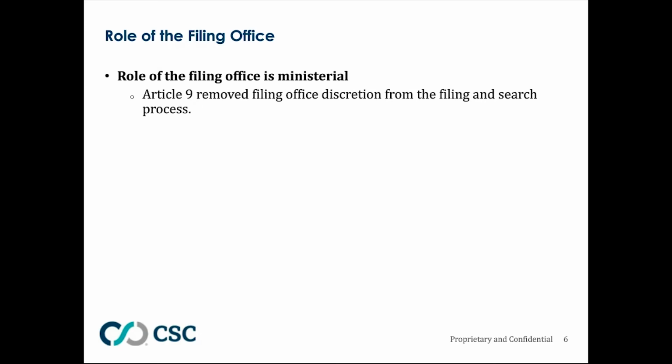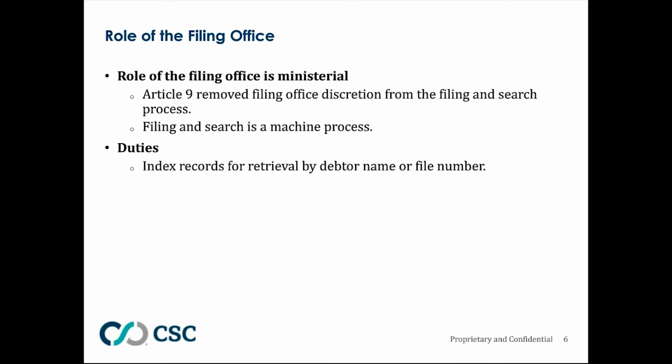So as a result, the filing office duties are limited when it comes to the intake of records and to providing data. Specifically, what the filing offices are responsible for is, first of all, to index records that come in by debtor name or file number so they can be retrieved by both of those data elements.